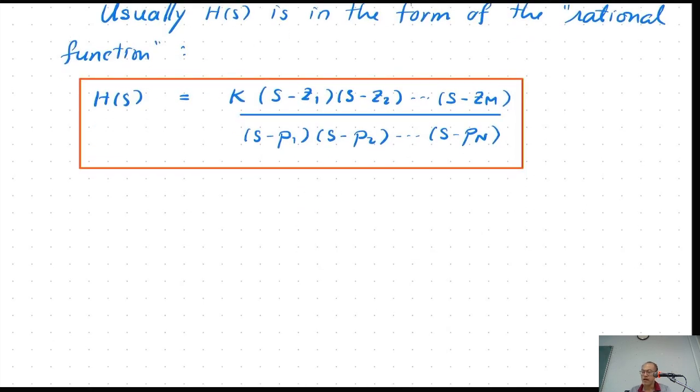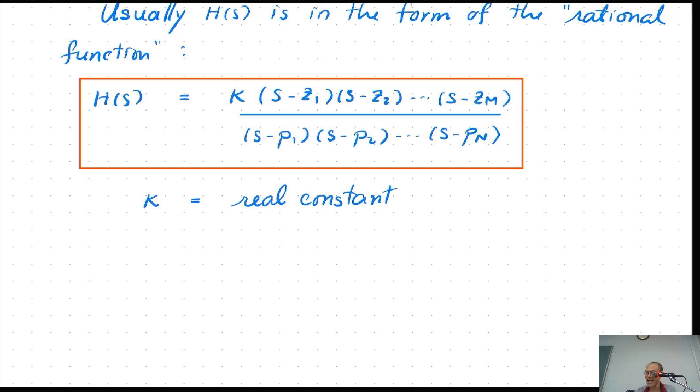So what are the variables? k, the z's, and the p's. k is a real constant. For example, k may be -3, 1, 10, 10.2, or -3.2. It is a real number.